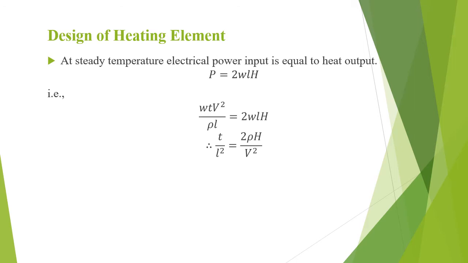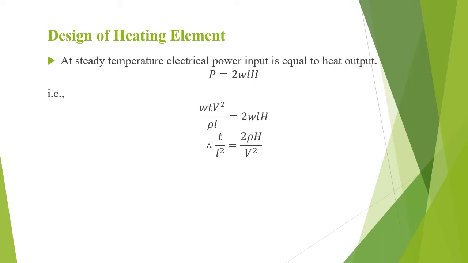At steady temperature, the electrical power input is equal to heat output, that is P equal to 2WLH, where 2WL is the surface area. Substitute the value of P, that is WT V square by rho L, in this equation. We get WT V square by rho L equal to 2WLH. Therefore, T by L square equal to 2 rho H by V square.